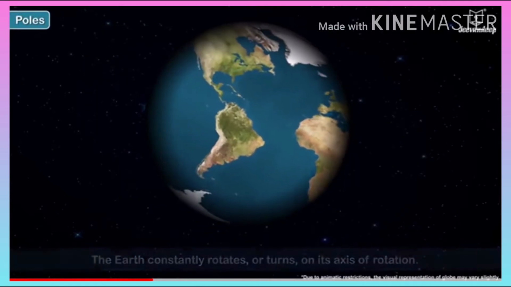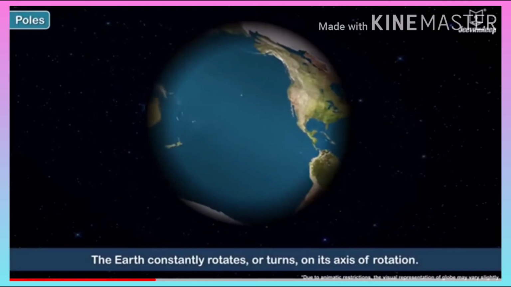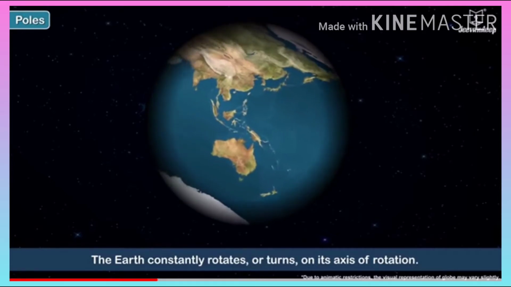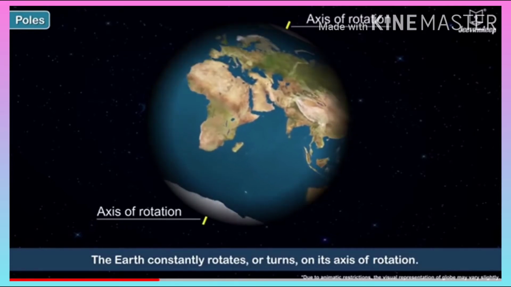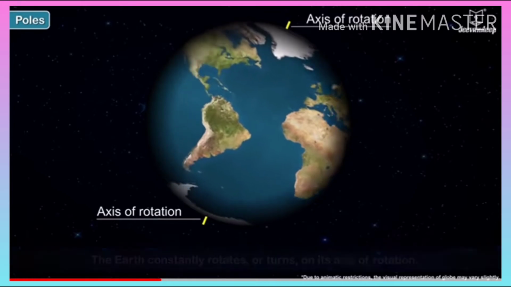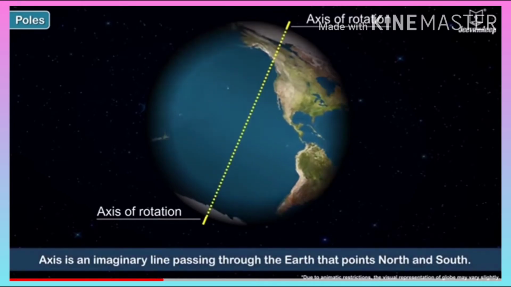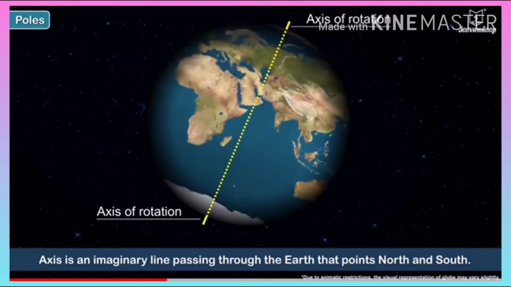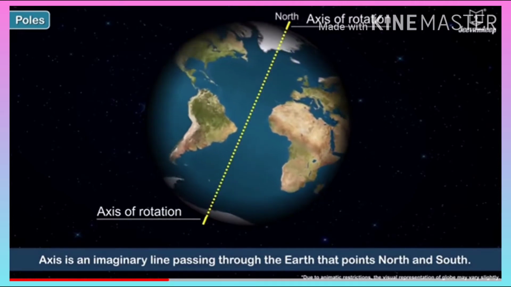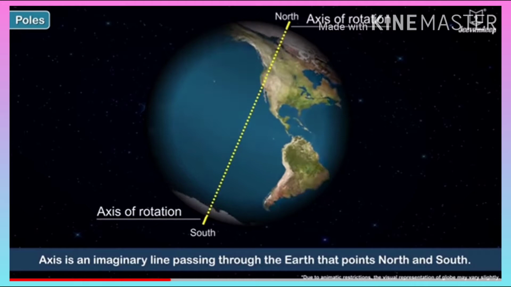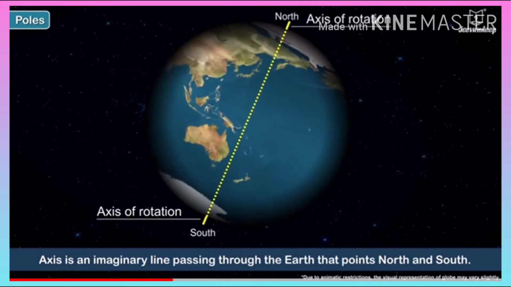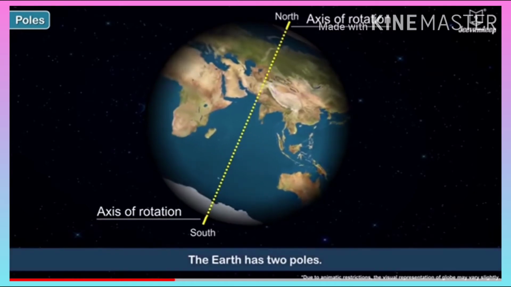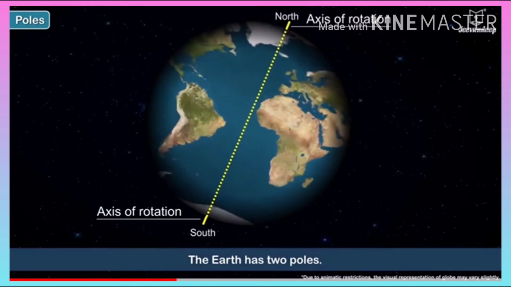Poles. The Earth constantly rotates or turns on its axis of rotation. This axis is an imaginary line passing through the Earth that points north and south. Look at the picture. The Earth has 2 poles.